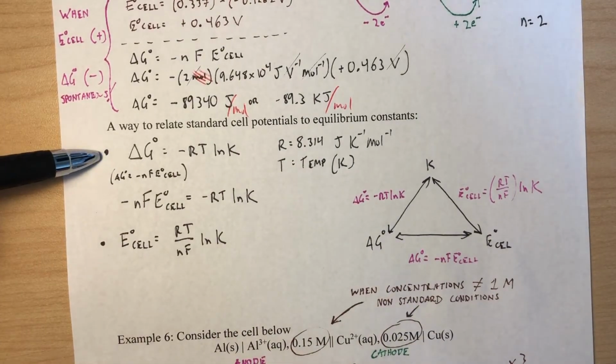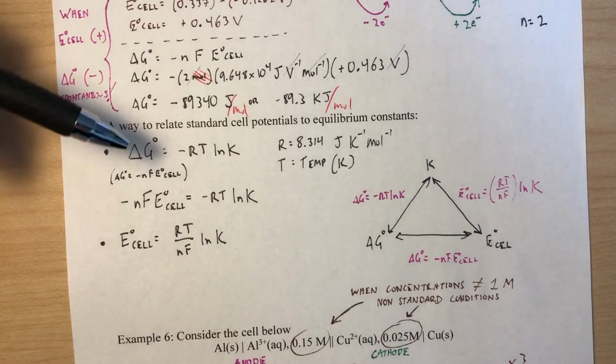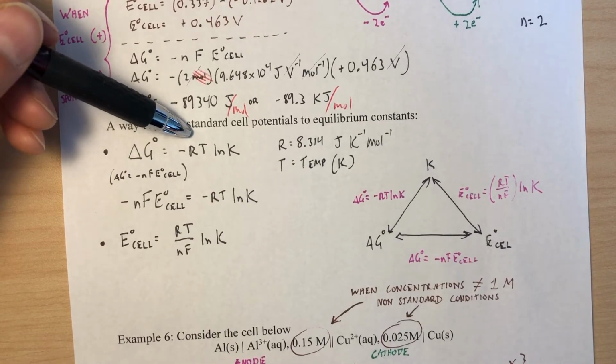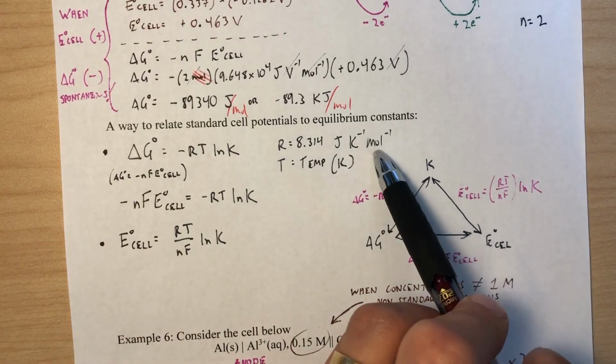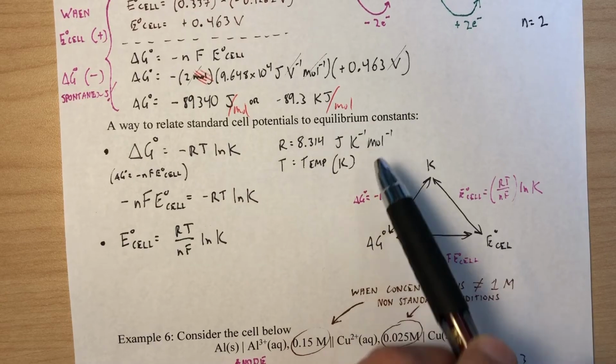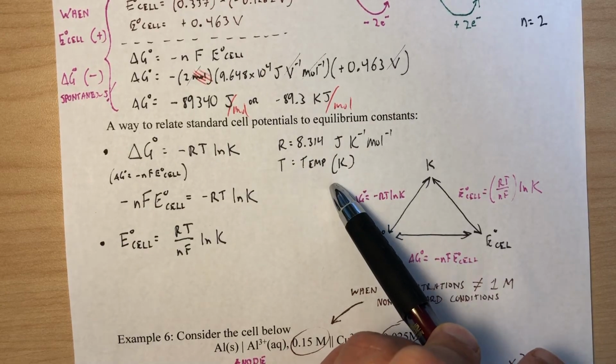First, we have an equation from earlier in the semester where delta G naught is equal to negative RT ln K, where R is the gas constant, 8.314 joules per Kelvin per mole, and T is temperature in Kelvin.